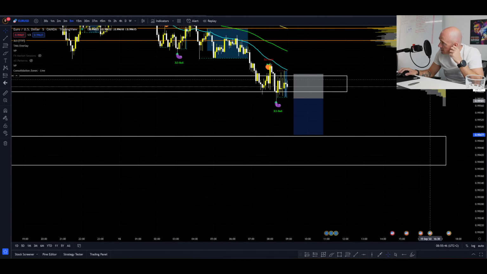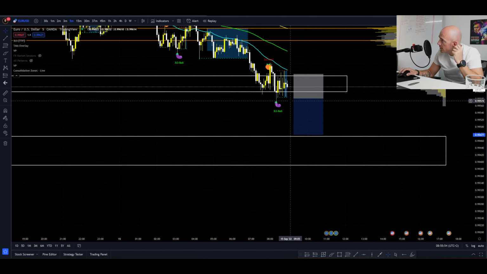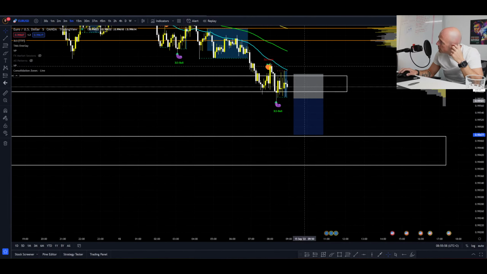There's more selling volume in this zone than there is buying volume. So the likelihood that it will break this zone is more likely than if it will reject that zone.